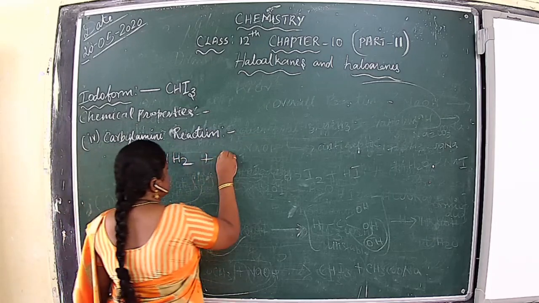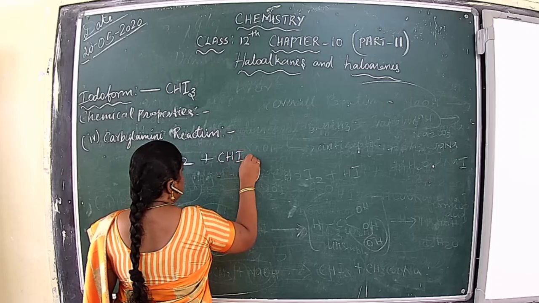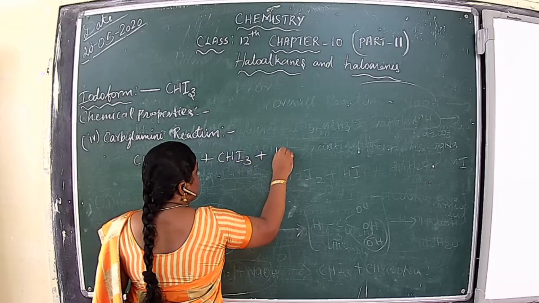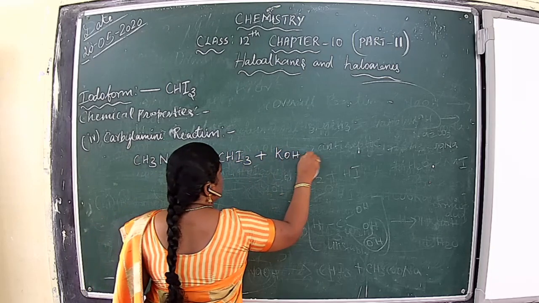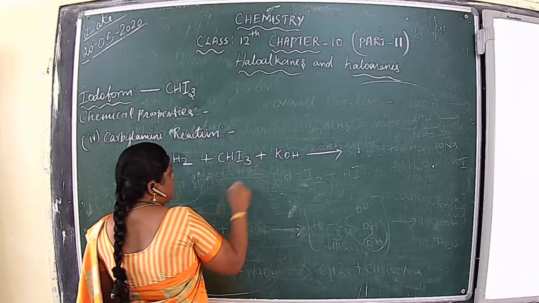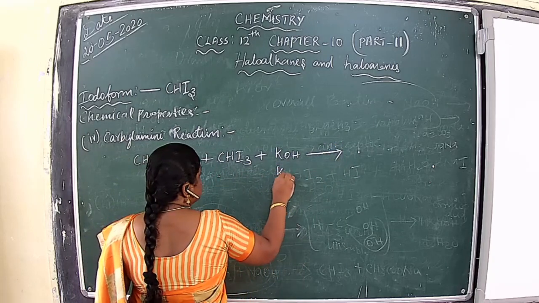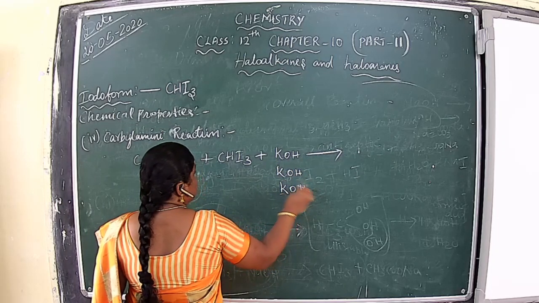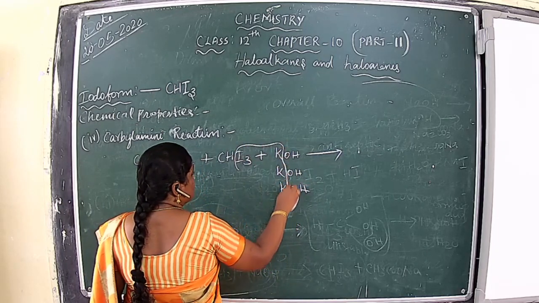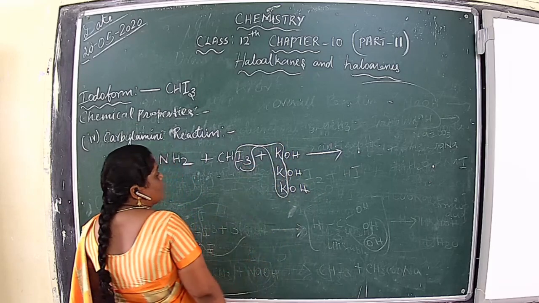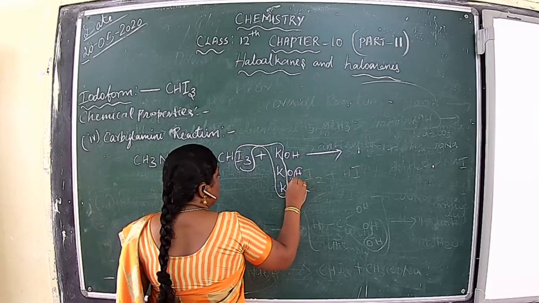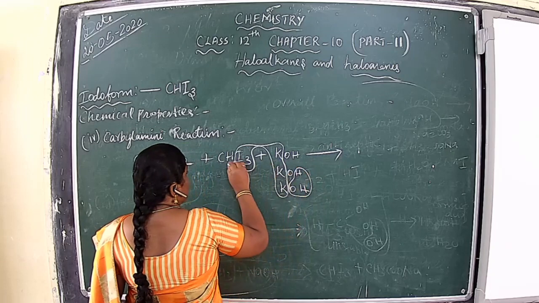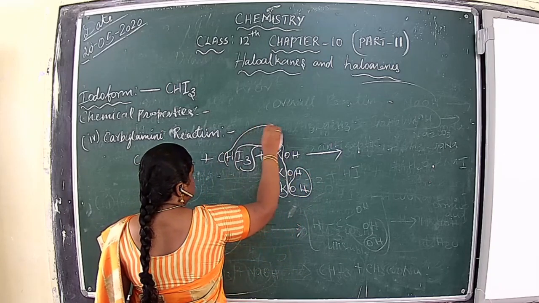NH2 reacts with CHI3 plus KOH. So we can take 3 molecules of KOH. Then what? 3 KI will go. Then a water molecule, 1 water molecule. Then here also 1 hydrogen.